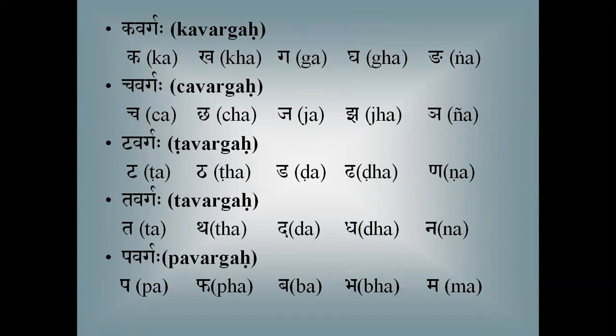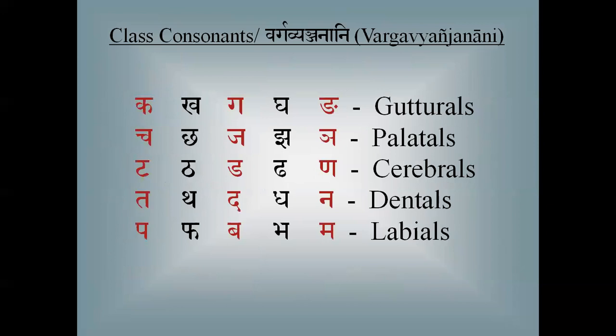So all the 25 class consonants. And the first class, Ka, Kha, Ga, Gha, Nga, they are gutturals. The sound comes from the throat. Therefore, Kantyaha, gutturals. Cha, Chha, Ja, Jha, Nya, they are Talavyaha. The sound comes from the palate.